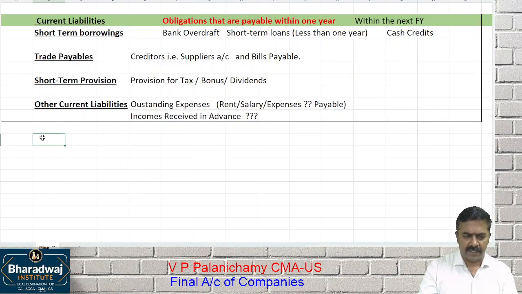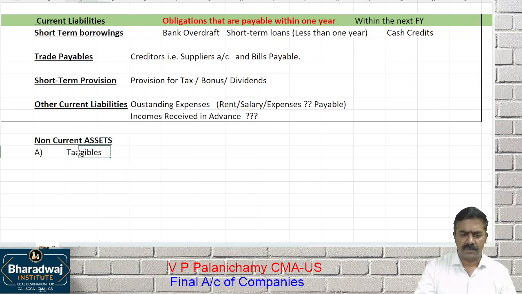Now coming to the asset side, what is the first one? Non-current assets. Non-current assets, what is the first one? Property, plant and equipment, which one? Tangible assets. Example of tangible assets?